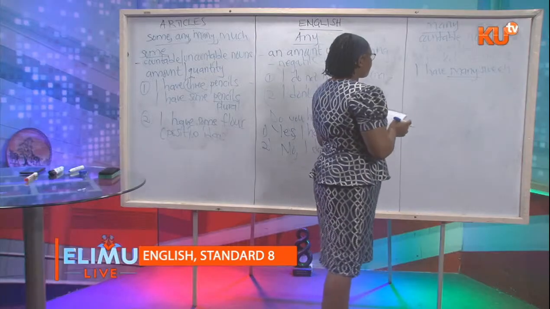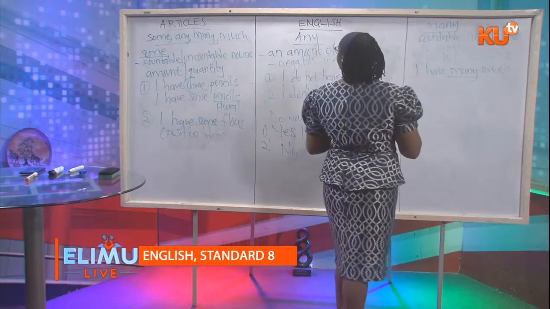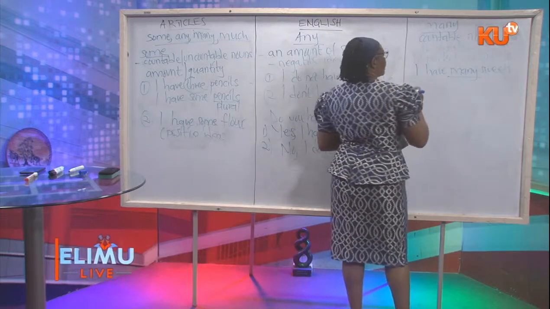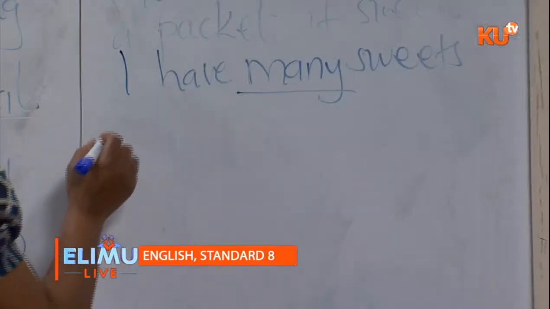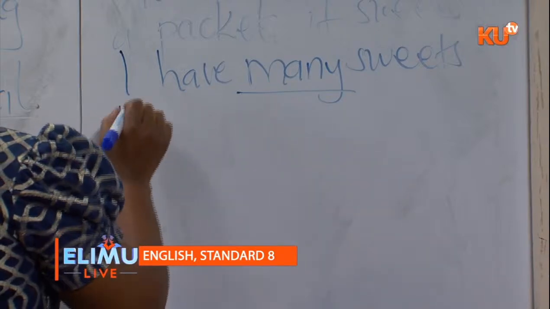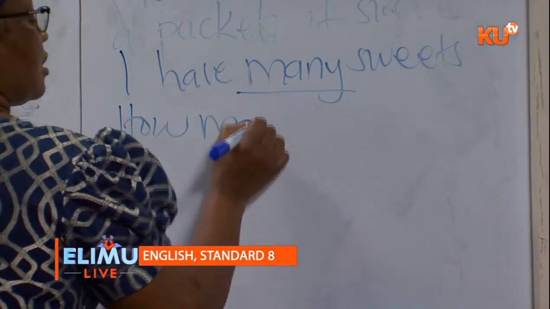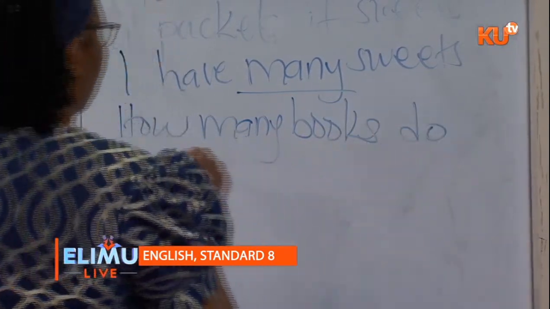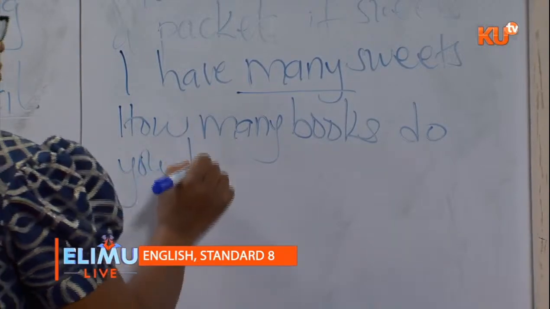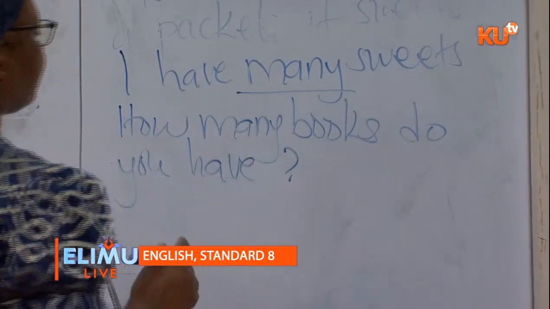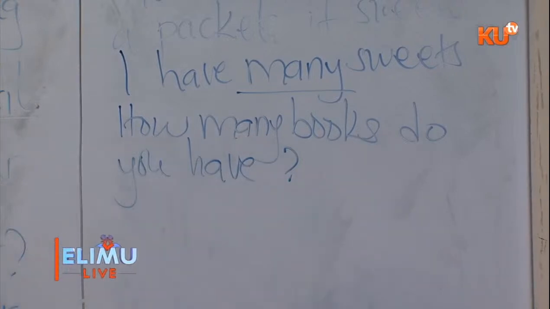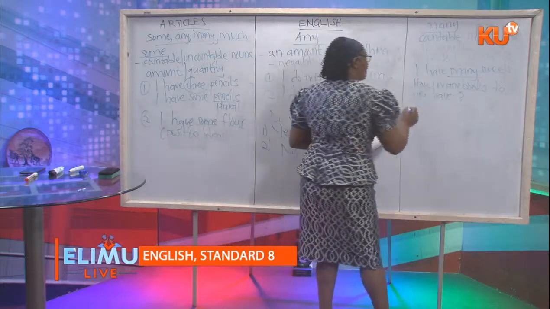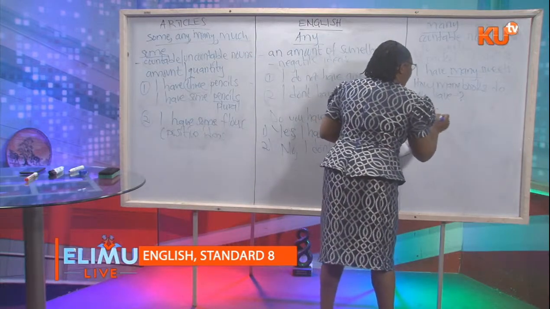Before we move to the other one, which is much, we can also use determiner many in asking questions, so it is used interrogatively. For example, how many books do you have? The answer can be, you can give the specific number of the books that you have by saying, I have 10 books, I have 5 books.